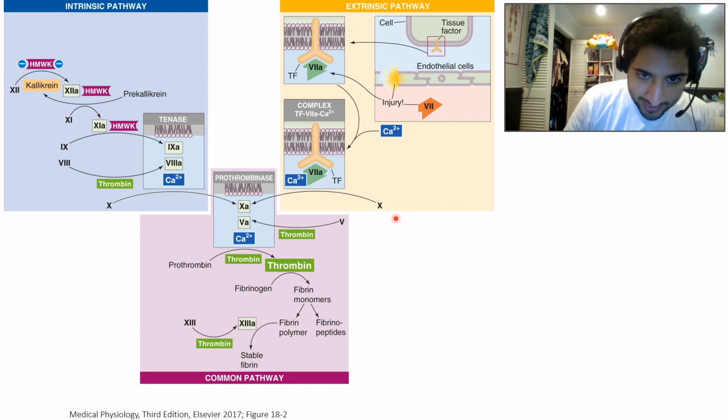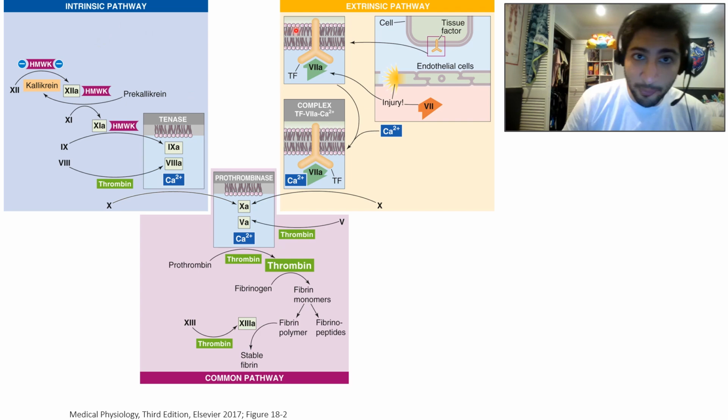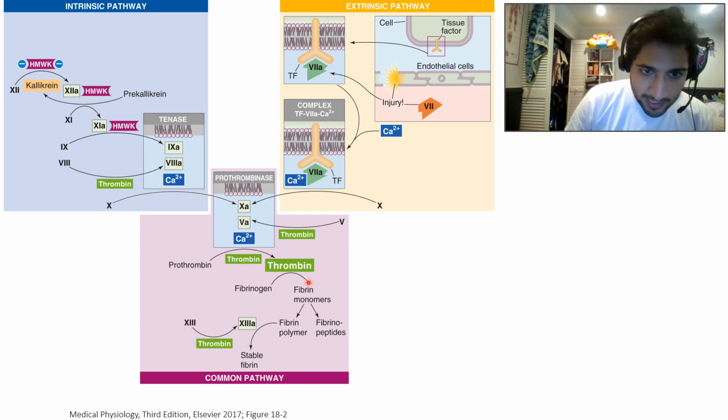And this complex converts factor 10 to factor 10A. What you'll notice is in both pathways, extrinsic and intrinsic, they converge on 10A. So factors 10, 5, 13, thrombin, prothrombin, all this stuff is the same. That's why it's the common pathway down here.